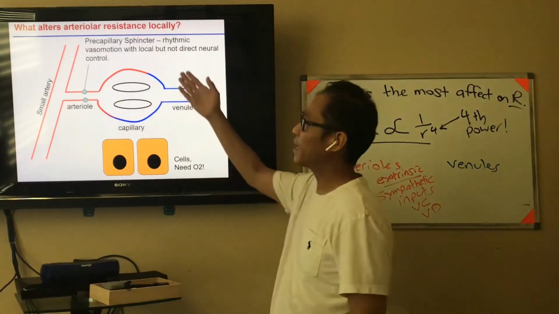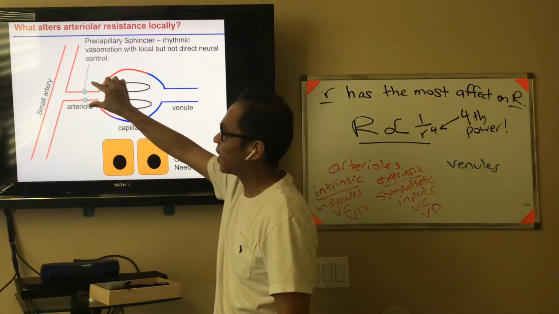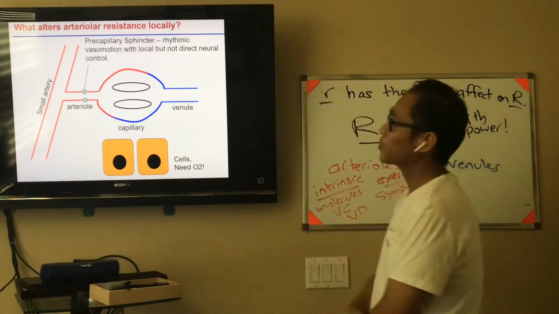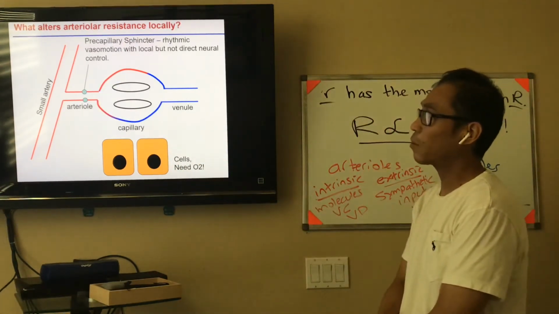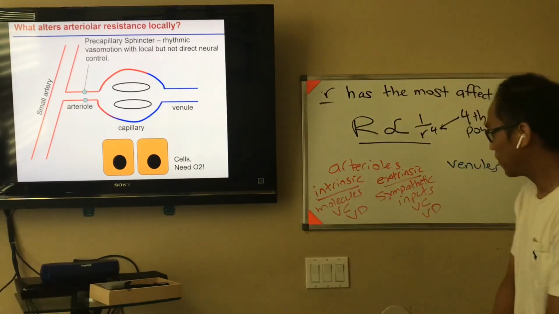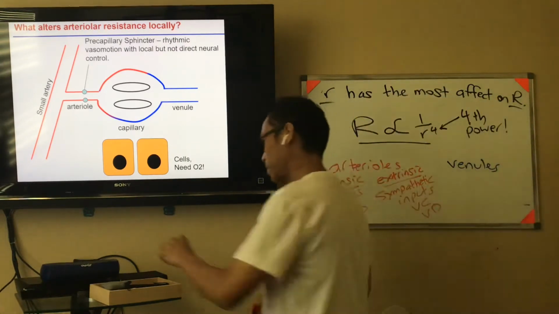There's a rhythmic vasomotion. That means they rhythmically contract and dilate to constrict and dilate the vessel. It's with local but not direct neural control. So these happen independent of the sympathetic inputs I'm going to talk about next.